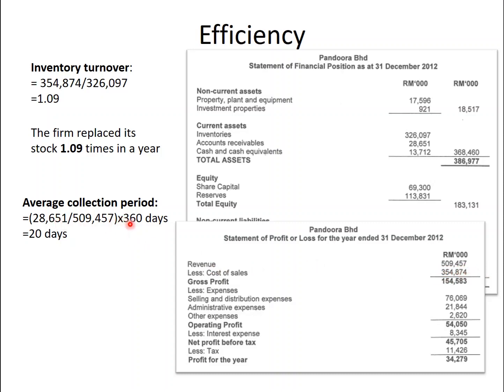Then we multiply by 360 days, because the answer should be in number of days. In this example, we get 20 days, which means the firm takes 20 days to collect its debt from its accounts receivable.